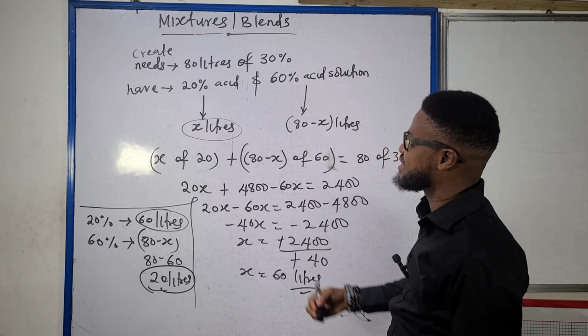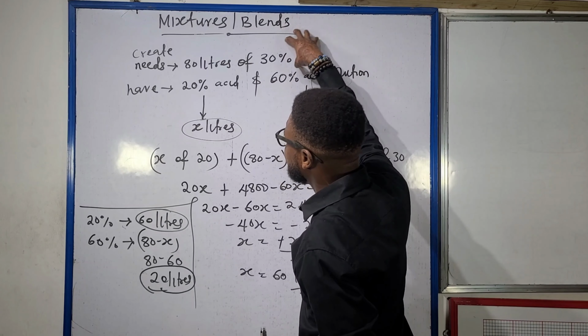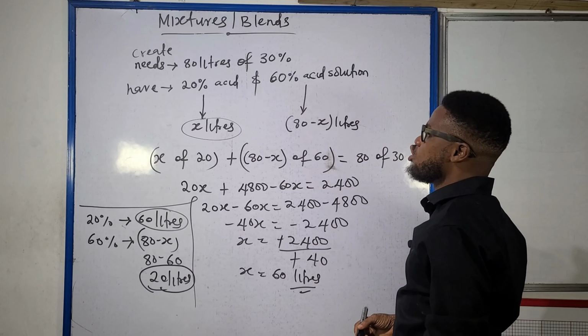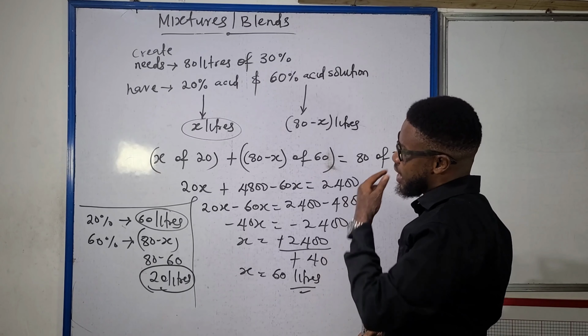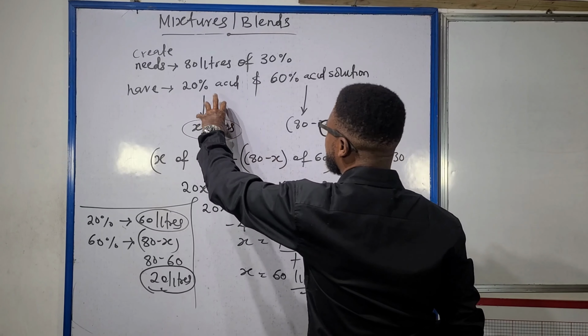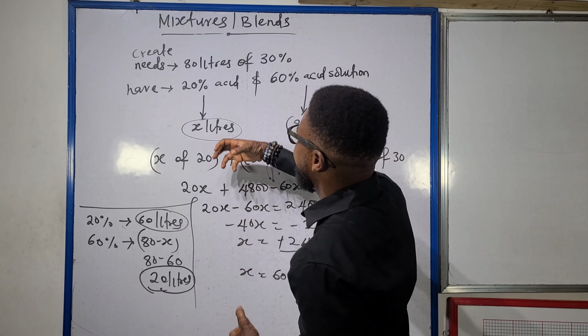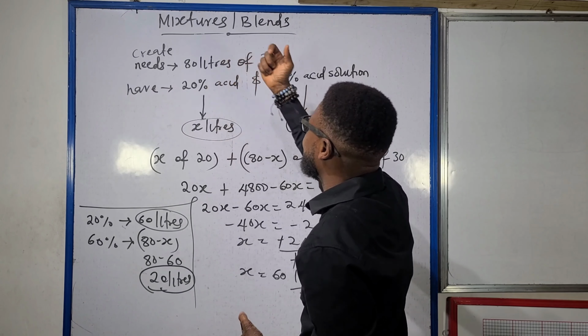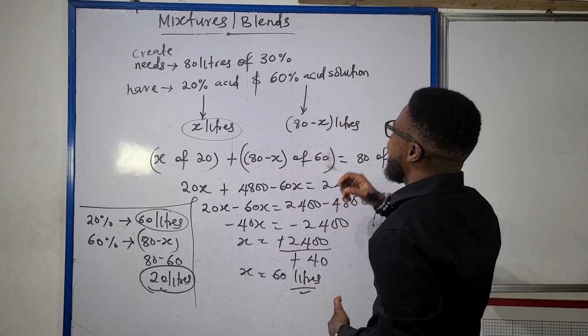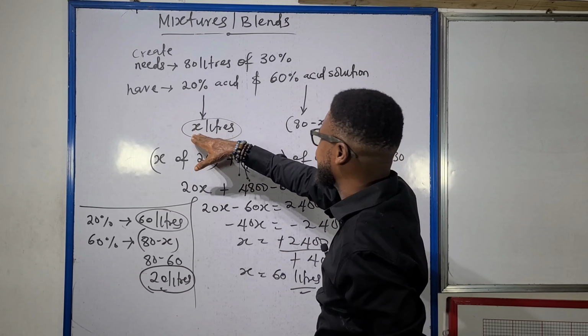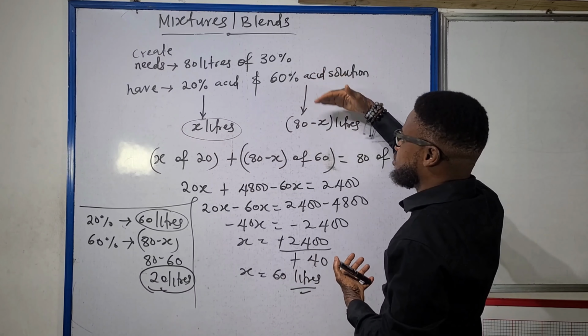So look at the process again. This is what you need. This is what you have. So you need to create a variable by yourself, and you need to then mix things up. So I am saying let us take x liters of the 20% acid solution, and since the whole amount we want to create is 80 liters, if this is x, then this will be 80 minus x.